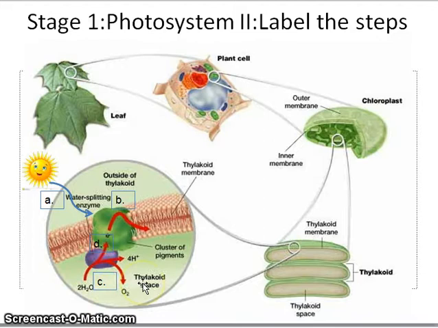Okay? So basically, at the end of Photosystem II, which is the first stage in photosynthesis, we have electrons traveling through the membrane, we have hydrogen ions building up, and we have oxygen being given off as waste.